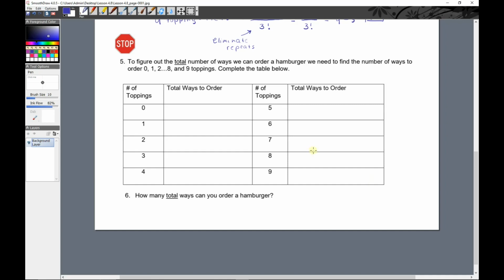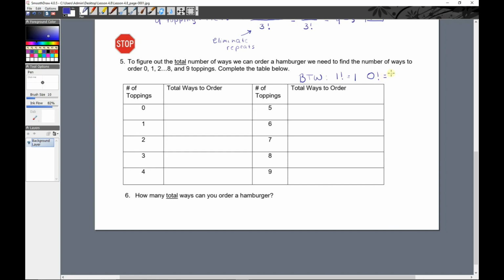And by the way, this is not earth-shatteringly important, but it's something that could show up, and I just want you to know that you've seen it before. So 1 factorial, I asked the group, what did that equal? And they correctly said 1. So then I said, what's 0 factorial? And they incorrectly said 0.